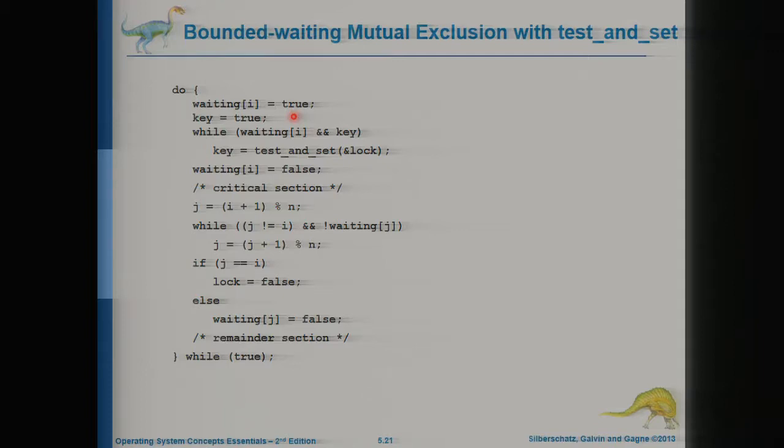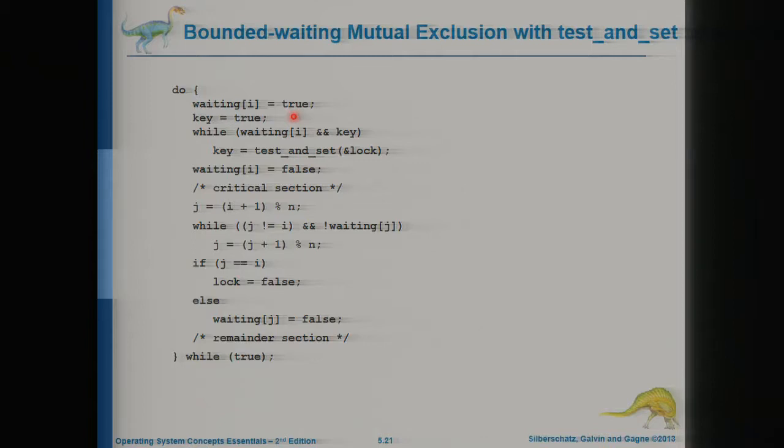We say *target, rv is equal to *target. *target is equal to true, and then return rv. So this was our second test.